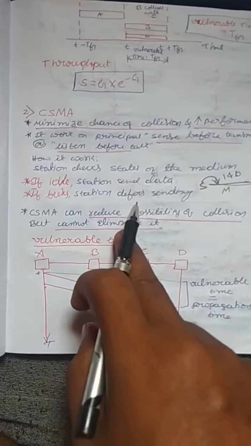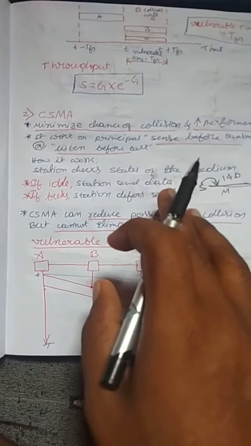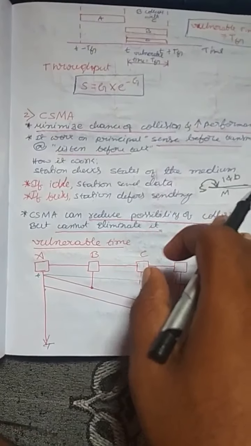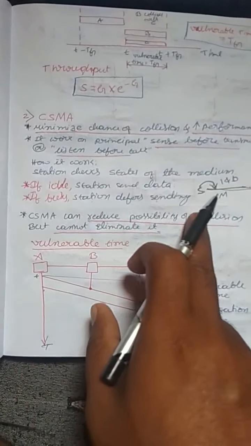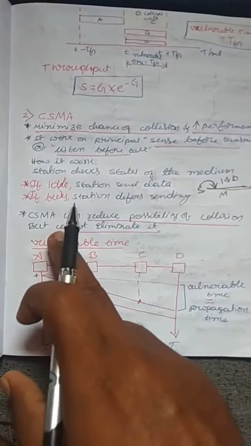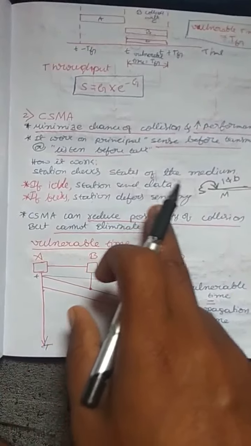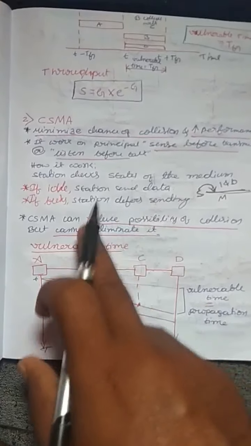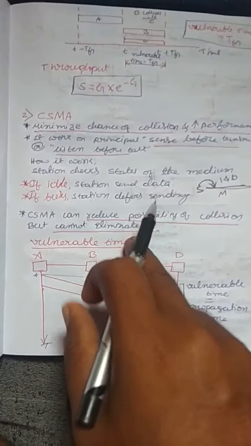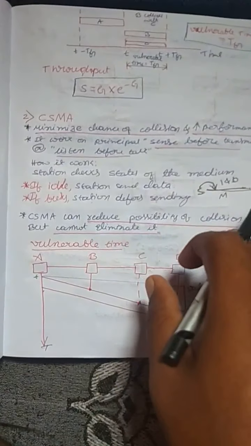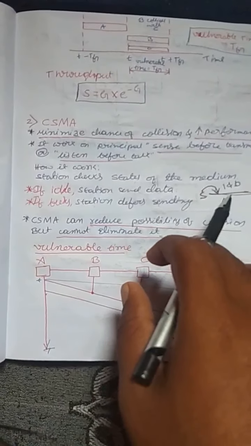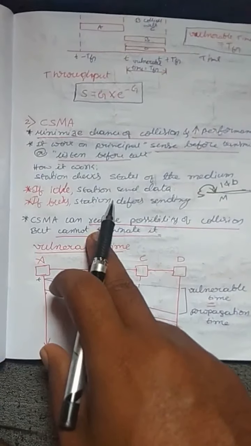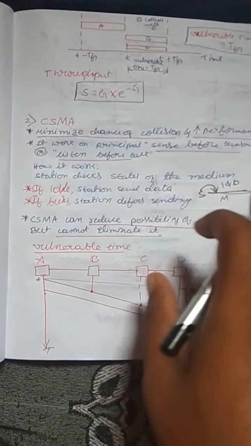It tries to reduce the possibility of collision but is not fully confident. It does not completely eliminate collision, but it can reduce it. If there is 100% collision in another method, this reduces collision by about 60%. That is the meaning of reducing the possibility of collision.